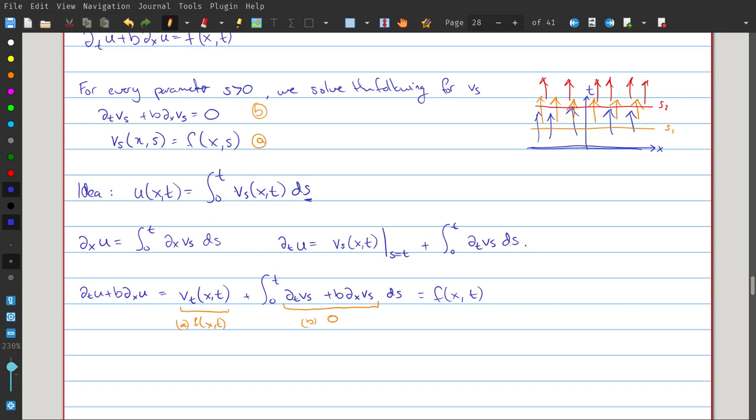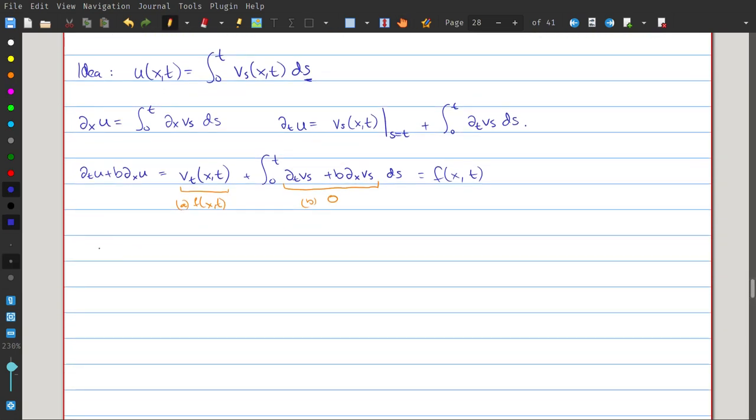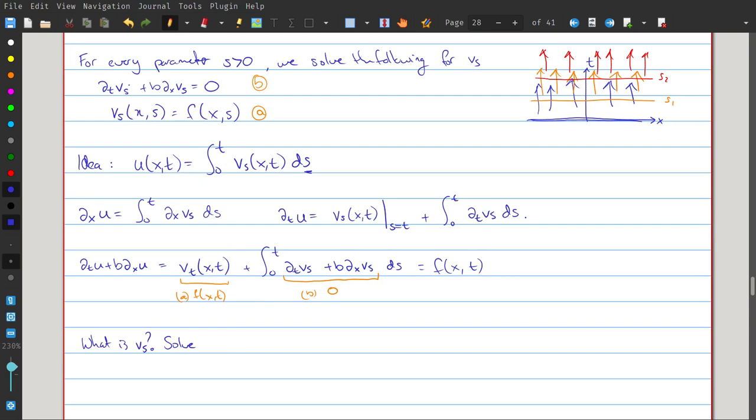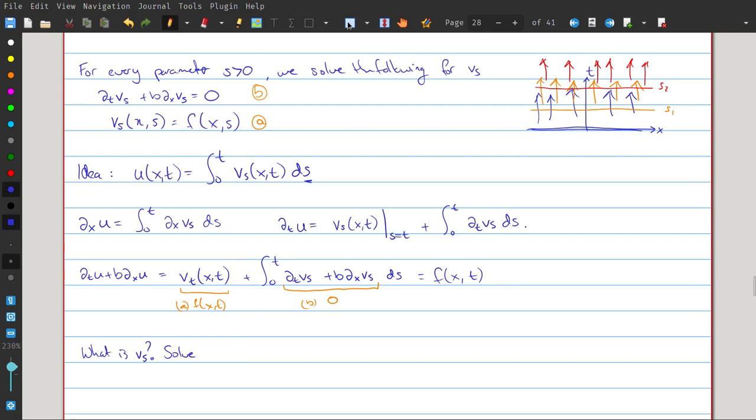We go one step further when we actually give a formula for v_s. So let's do that now, and then we'll see that we get the same formula as in the script. So what is v_s? We should solve this system here. So let me just copy it.